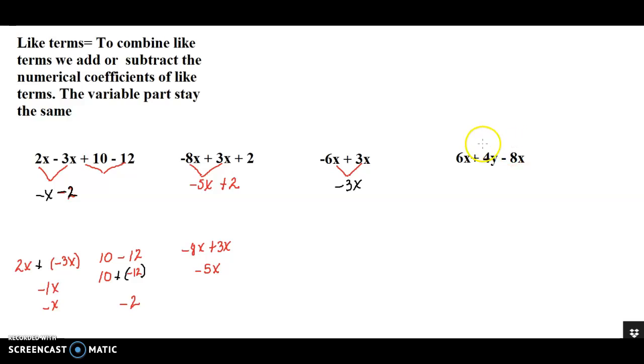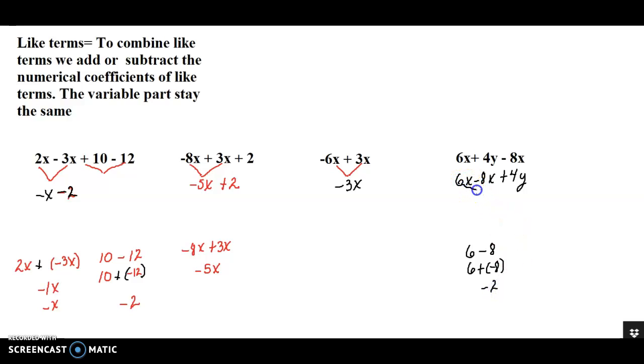Now, our next one. We're going to rewrite the problem. 6x minus 8x plus 4y. So what is 6 minus 8? 6 plus a negative 8, which gives me a negative 2.